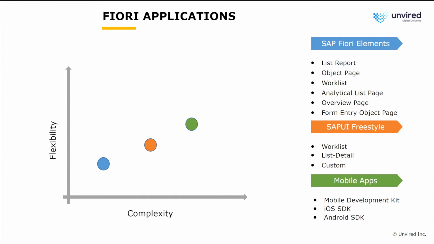But the moment you talk about metadata-driven applications, there's very limited scope in terms of how you can tweak those solutions. So if it's only settings and you can't change the code, obviously it means you don't have a great deal of flexibility. So if you want that flexibility of getting the app to do what you want, then you have to try and develop these SAP Fiori freestyle kind of applications. So freestyle applications again provide you multiple different floor plans.